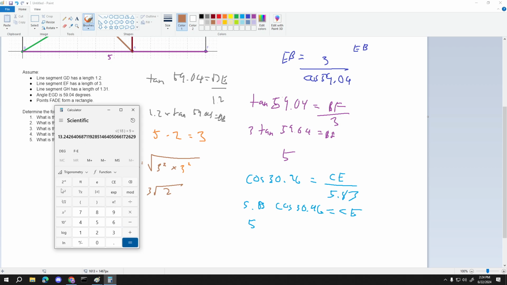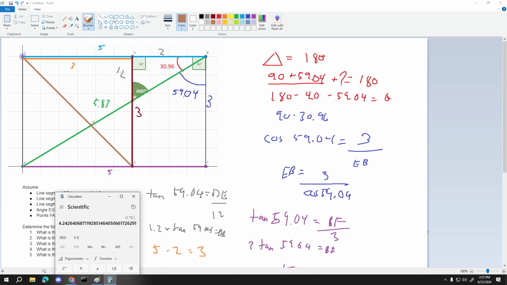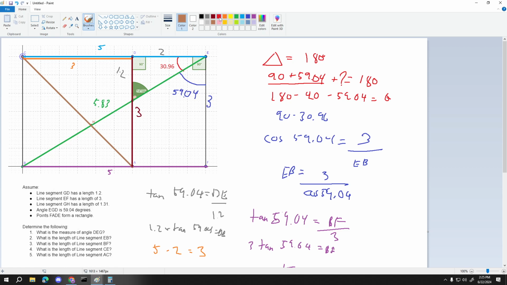Square root of 18. We have 4.24. So line segment AC is 4.24. All right.